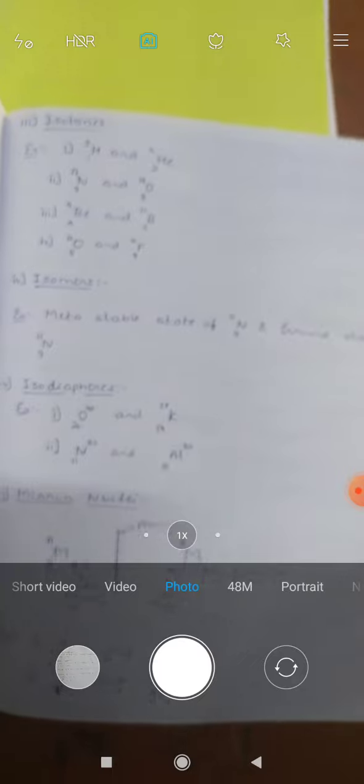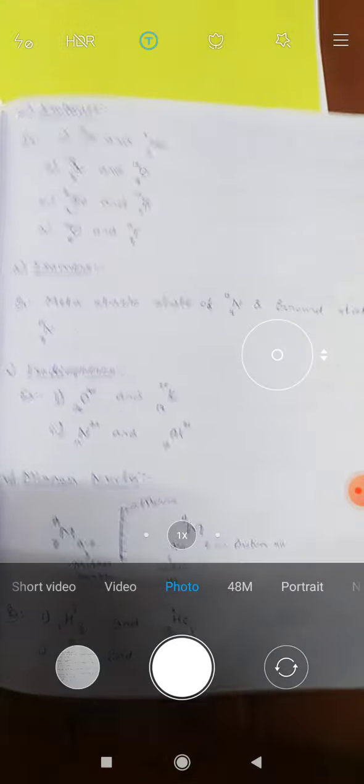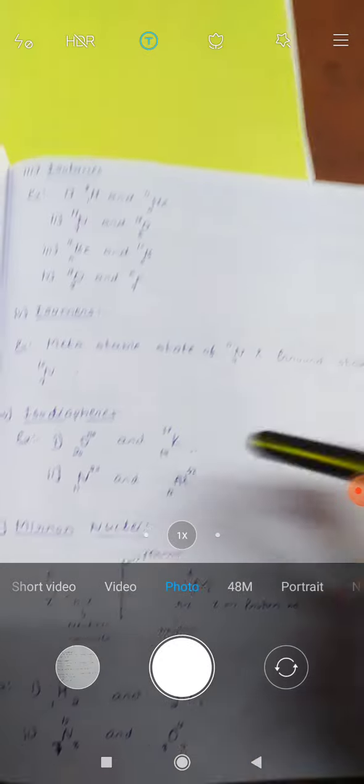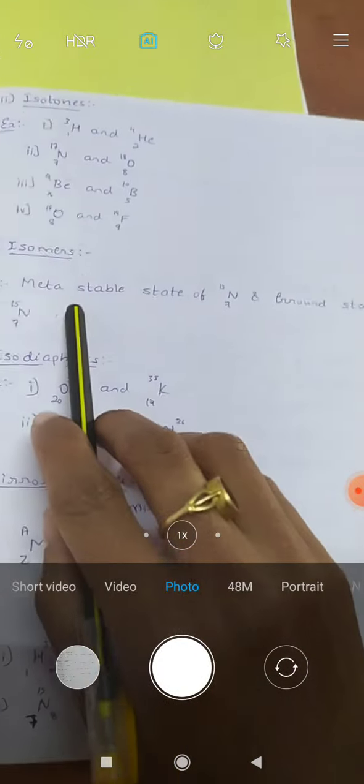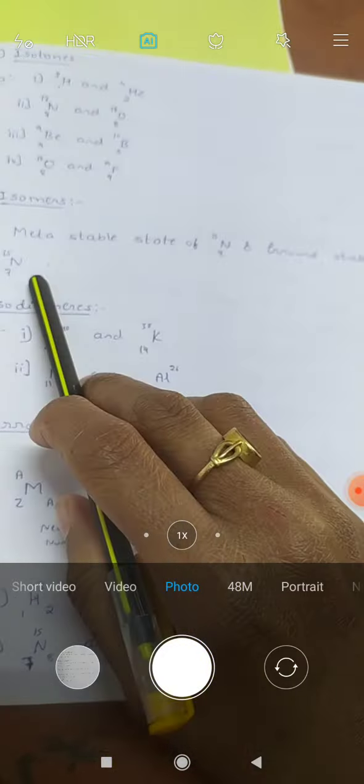In case of isomers, it consists of the same number of protons along with the same number of neutrons. That atom is known as an isomer. For example, the metastable state of nitrogen and the ground state of nitrogen.